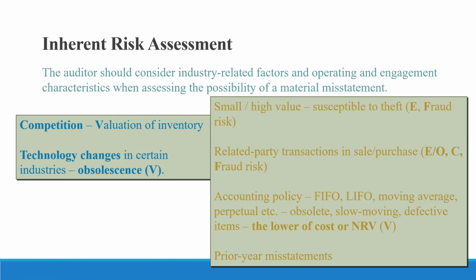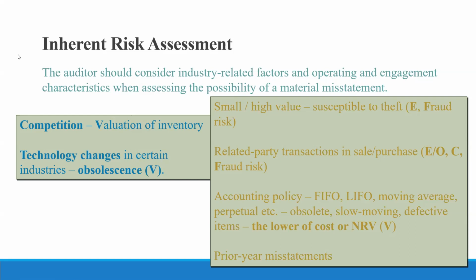And also because inventory is in the middle of sales and purchases, related party transactions would also be a key consideration in the audit. Actually, related party transactions appear in every part of audit. If you look at the audit software, they always ask, have you considered related party transactions or not? Because related party transactions in all areas are easy to manipulate, right?